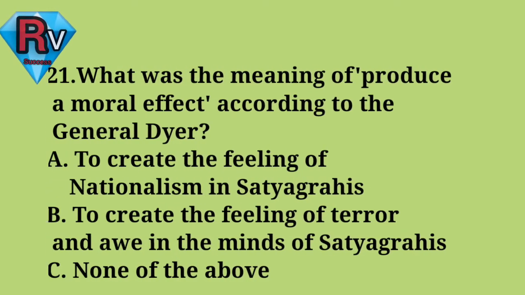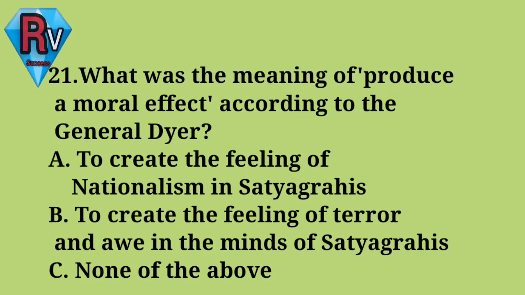Next, what was the meaning of producing a moral effect according to General Dyer? A. To create a feeling of nationalism in Satyagrahis. B. To create a feeling of terror and awe in Satyagrahis. C. None of the above. The answer is to create a feeling of terror and awe in the minds of Satyagrahis.